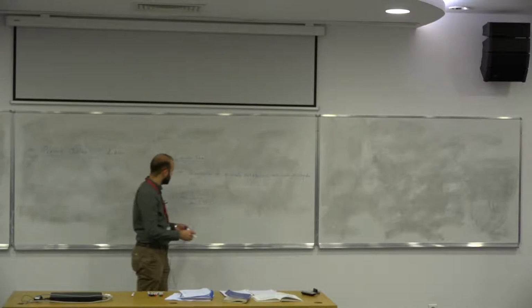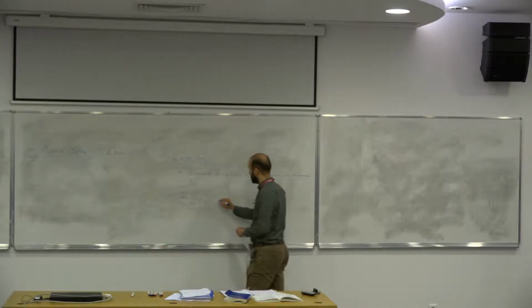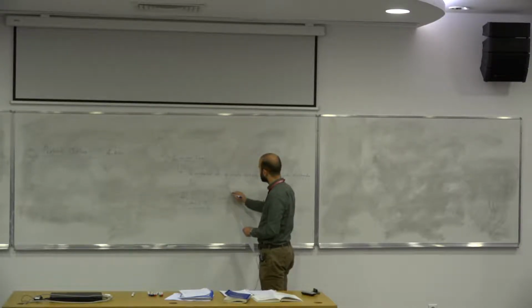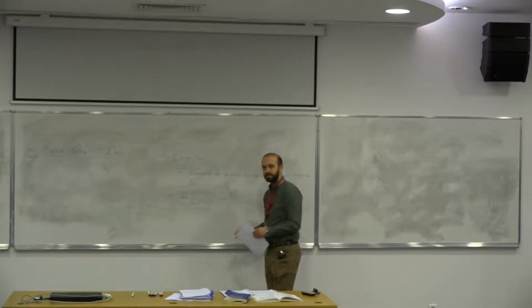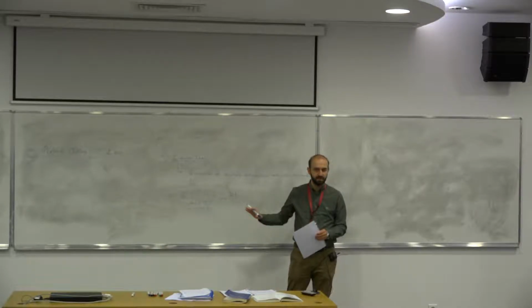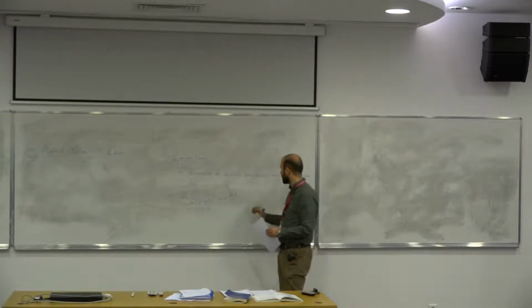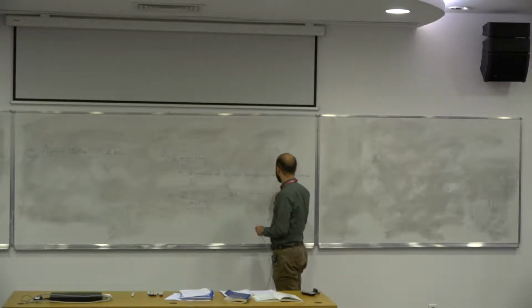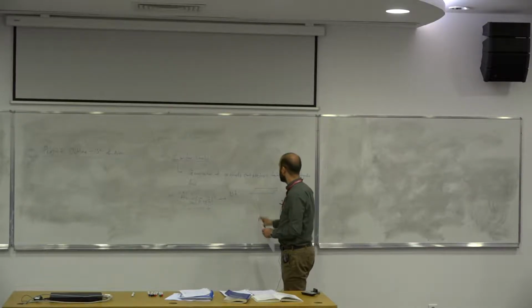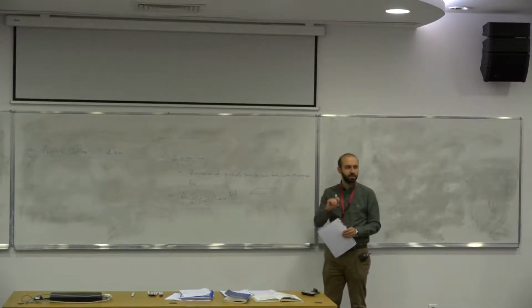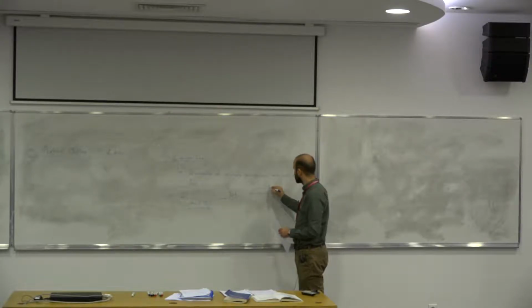Then what we did is we assumed that I have a magnetic field B pointing in the z-hat direction, and it's a uniform magnetic field throughout my sample. So now we restrict ourselves to a two-dimensional electron gas.